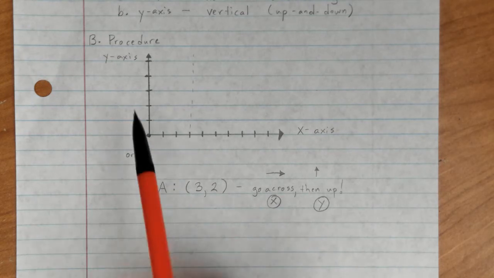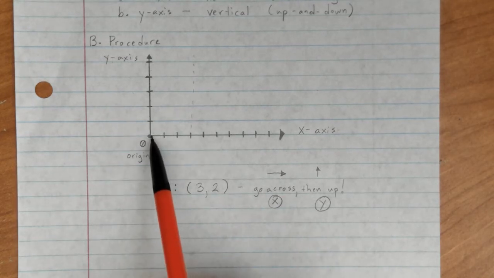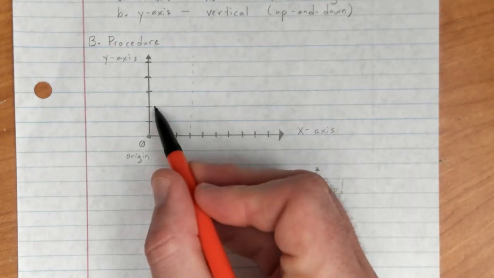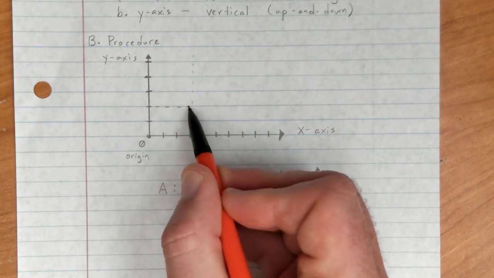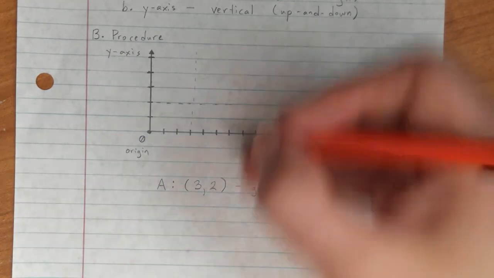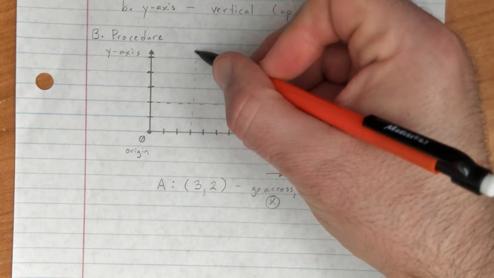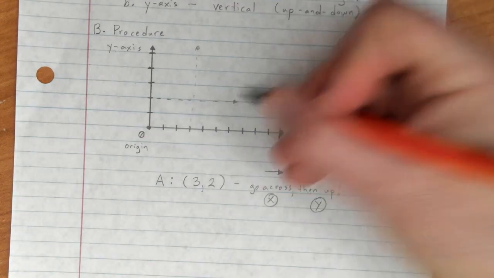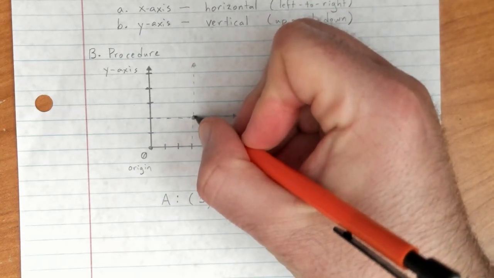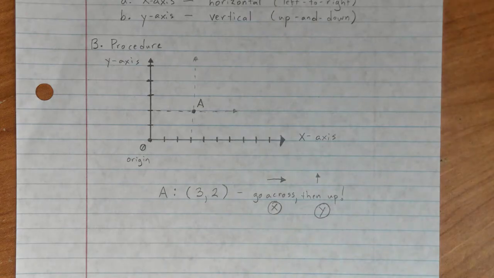Then I go up. I count again from the origin, 1, 2, and I picture an invisible line going on and on and on forever that way. The spot where those two invisible infinite lines meet, and you're not going to draw them every time, the spot where they meet is your point.